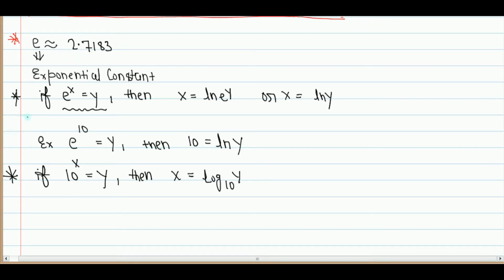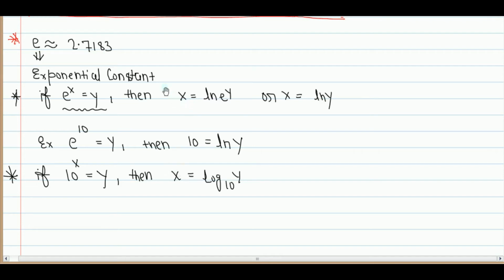Here, in e to the power x, the base of the power was e, so the base of the logarithmic function is e. Similarly, here the base of the exponential function is 10, so the base of the logarithmic function will be 10, and y will be the argument of the logarithmic function, and x will come as the value of the logarithmic function.